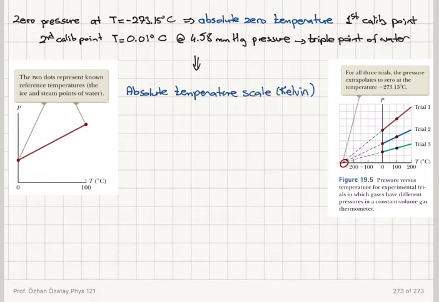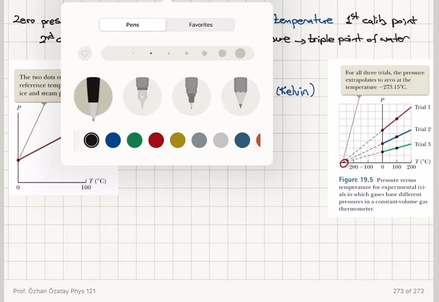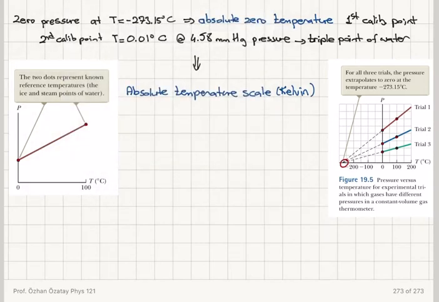and I use the unit Kelvin in order to measure temperatures in the scale. And for Kelvin, I don't use degrees, it is just Kelvin. So I label this point. The first calibration point is labeled T equals 0 Kelvin.